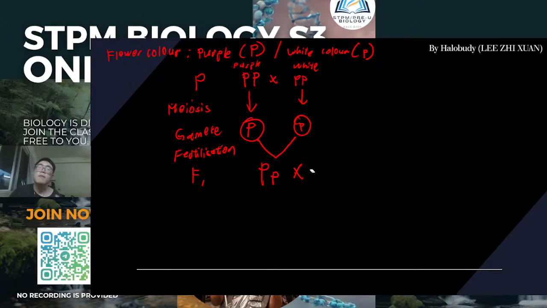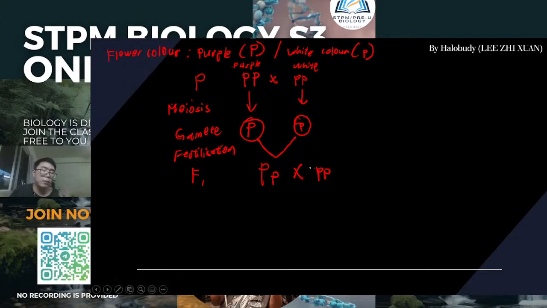Okay, we interbreed with a test cross first. Why do we need a test cross? Because we have to determine the dominant trait and the recessive trait.